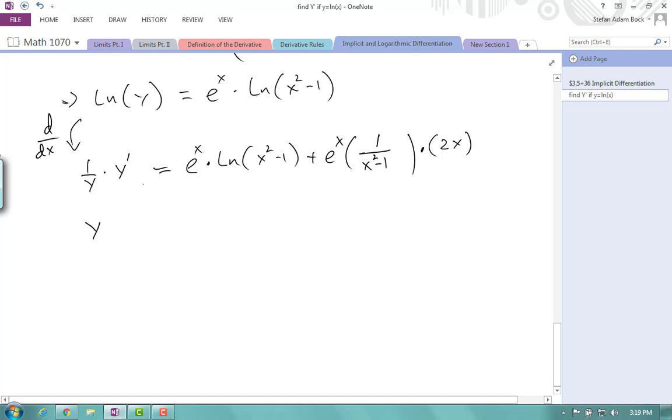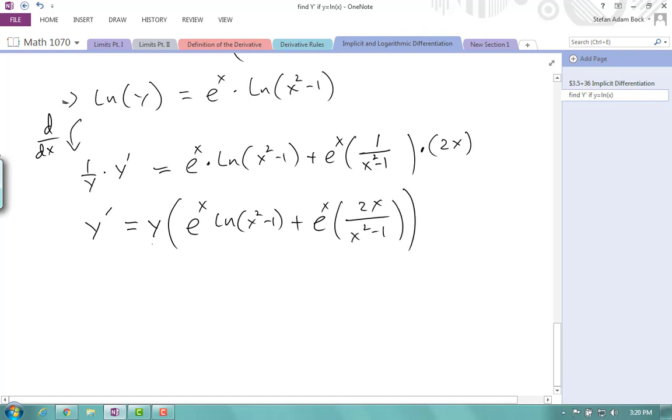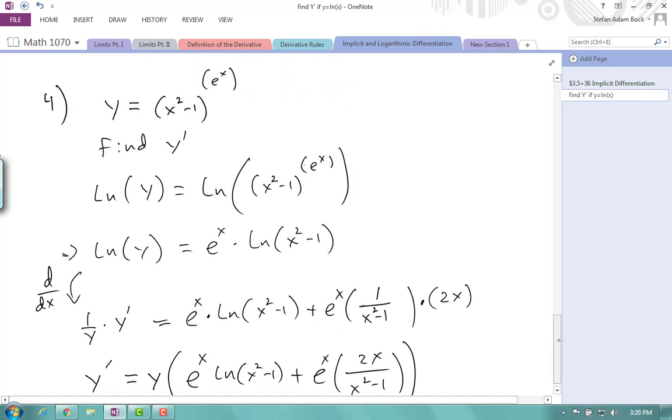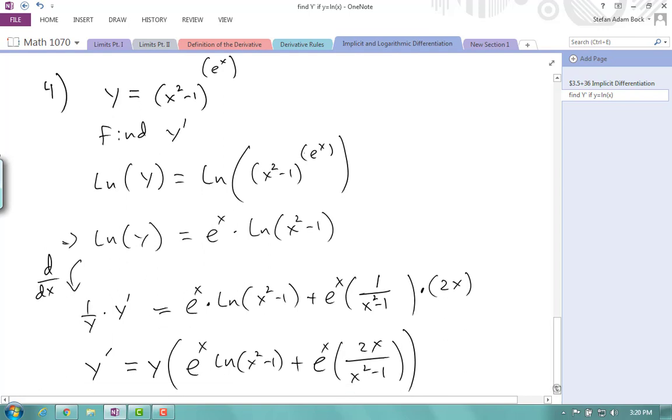Now, similar to before, since I provided a question that was a function of x, we should give an answer which is a function of x. So when I have this extra y here after solving for my y prime, I want to substitute it back for the original problem, which was x squared minus 1 to the power of e to the x.